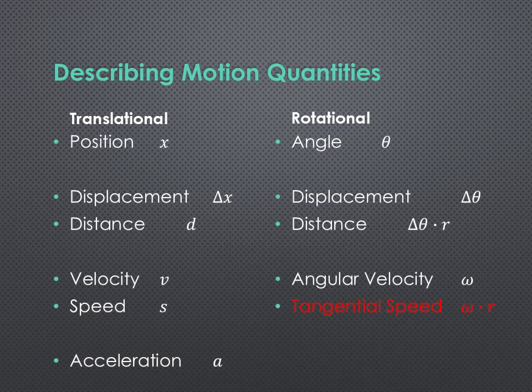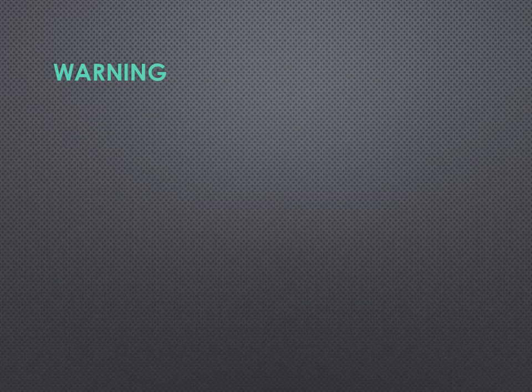For translational motion, acceleration is represented by a, and it's change in velocity over change in time. And in rotation, you have angular acceleration, which is represented by the Greek letter lowercase alpha. Looks like a little fish, which is change in omega over change in time. Okay, here's that warning again.